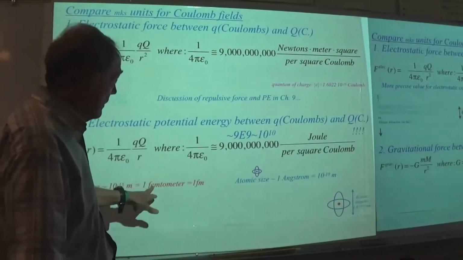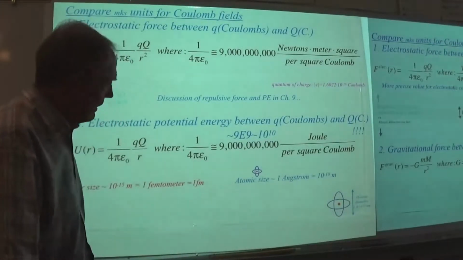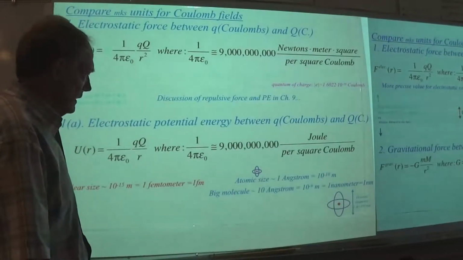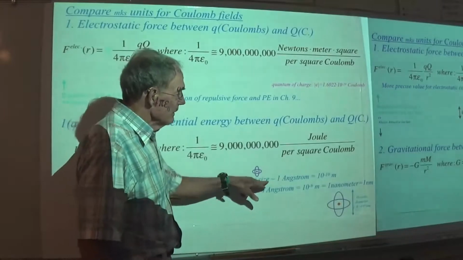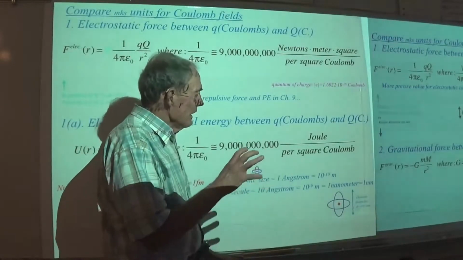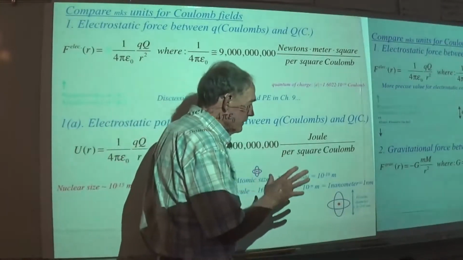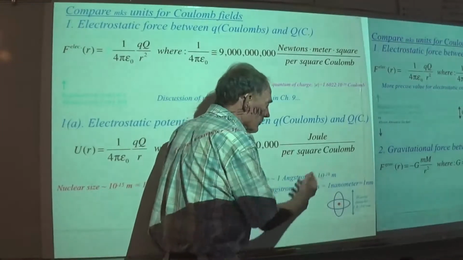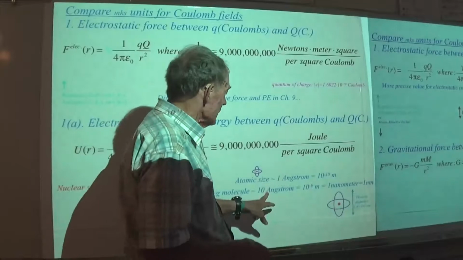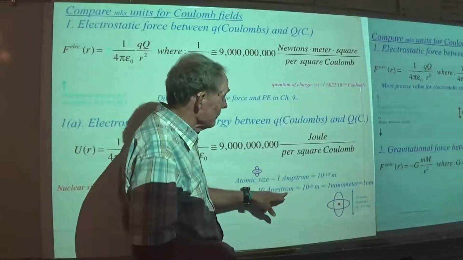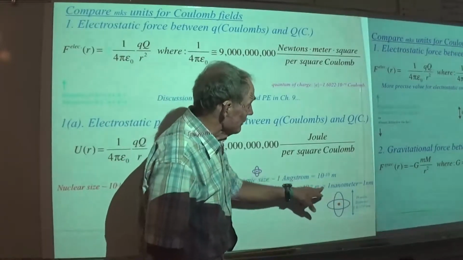Femtometer, how do you pronounce that? Femtometer is so much what I hear all the time, okay? Meanwhile, atomic size, okay, hydrogen atom has a diameter of 10 to the minus 10th. That's 10 angstroms is a nanometer.